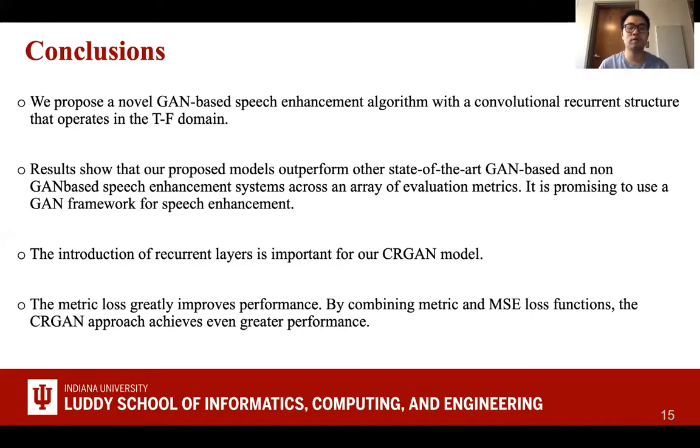Also, the introduction of recurrent layers is important for our CR-GAN model, and the metric loss among all the loss functions we investigated can greatly improve the performance. And by combining the metric and MSE loss functions, the CR-GAN approach can achieve even greater performance.